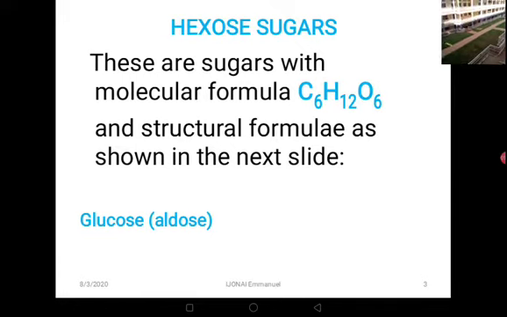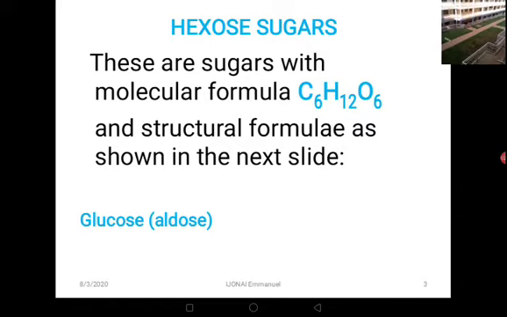You say hexagonal shape, it means the shape is 6-sided. So hexose sugars are sugars that have 6 carbon atoms, and the molecular formula is C6H12O6, meaning there are 6 carbon atoms, 12 hydrogen atoms, and 6 oxygen atoms.